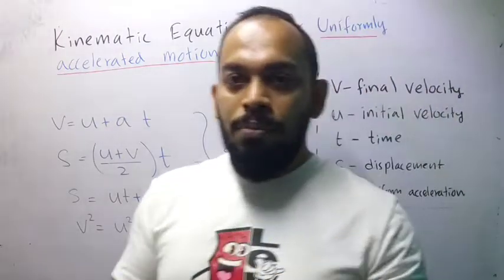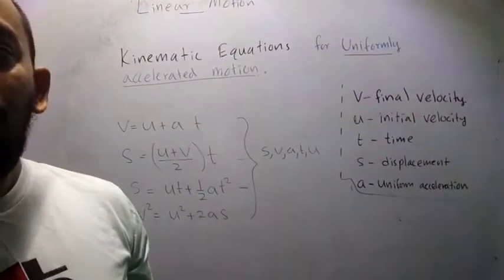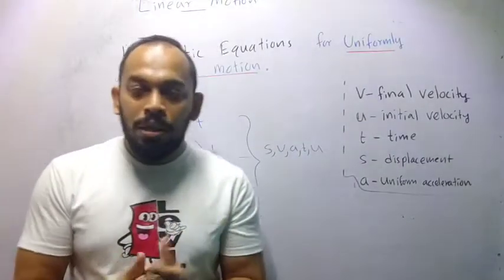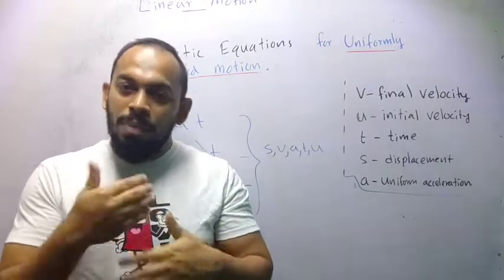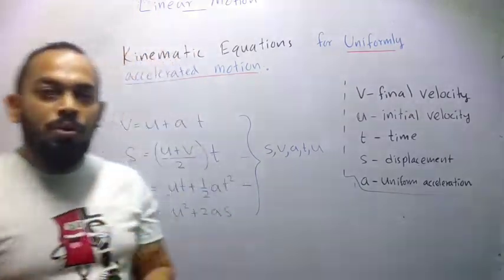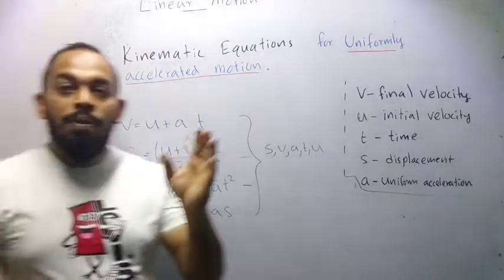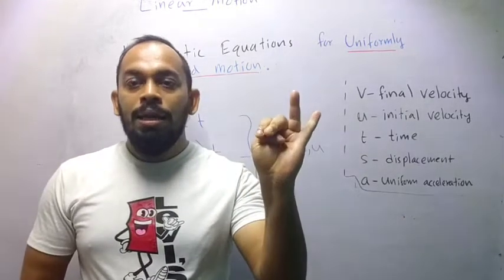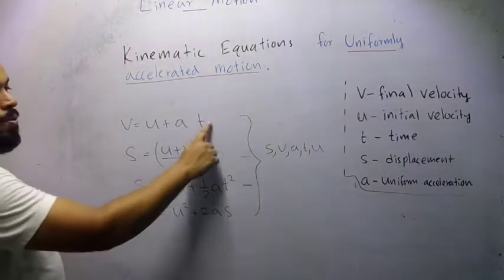So when it comes to simple problems, 3 of the variables will be given and you have to find the remaining unknown. So based on the given data, you have to choose the correct formula. Suppose you are given v, u and a and you need to find t, then which equation should be used? This one.